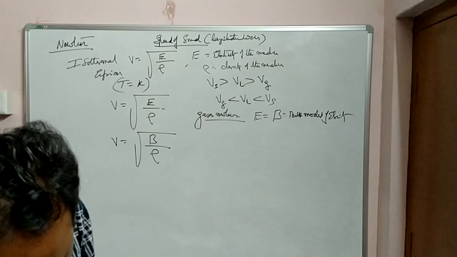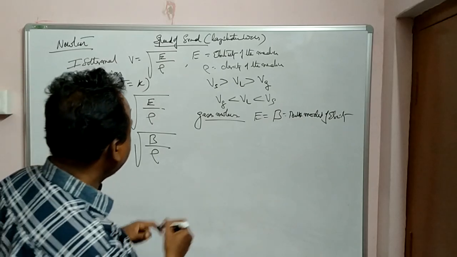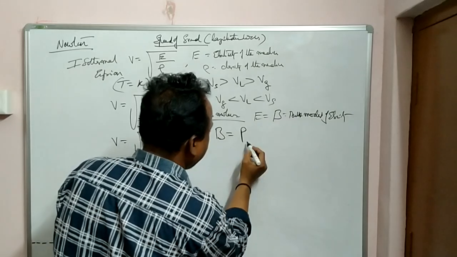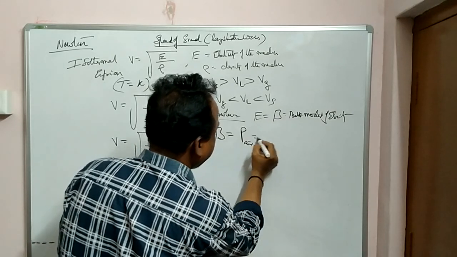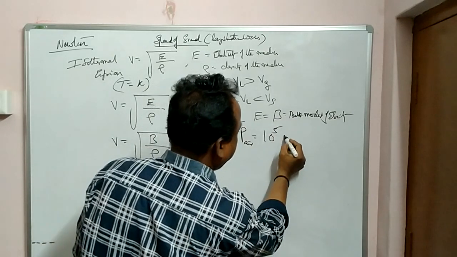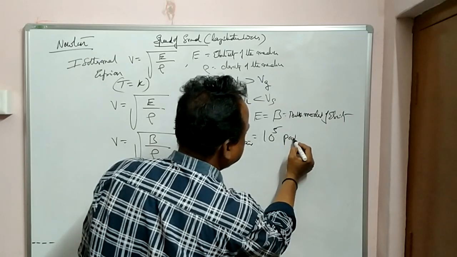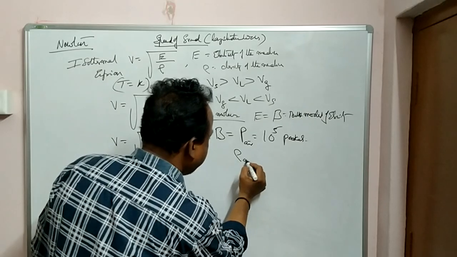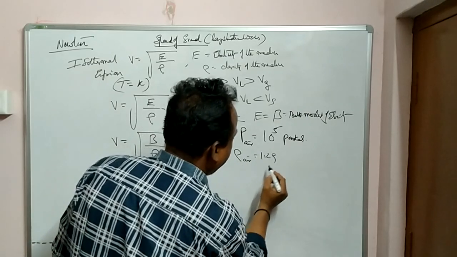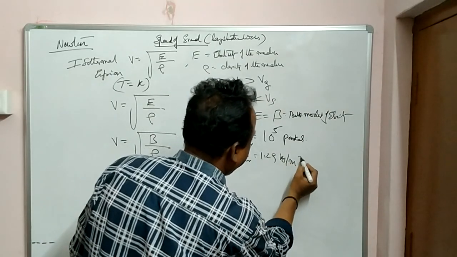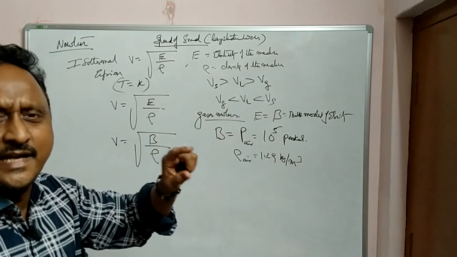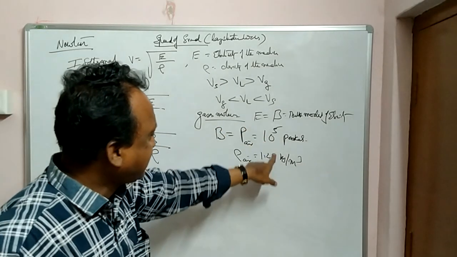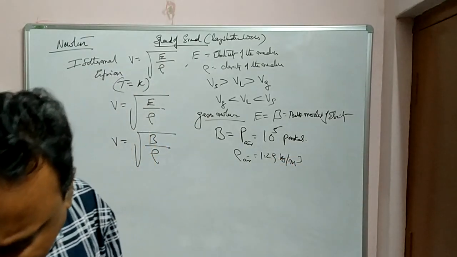This bulk modulus of gas, see here, this B is nothing but pressure, that is pressure of air. Generally it is taken as 10 power 5 pascals. Okay, and rho, density of air, it is taken as around 1.29 kg per meter cube. So bulk modulus and ఏంటి gas ది? Generally it is taken as P, pressure of the air, 10 power 5 pascals, and rho density 1.29.